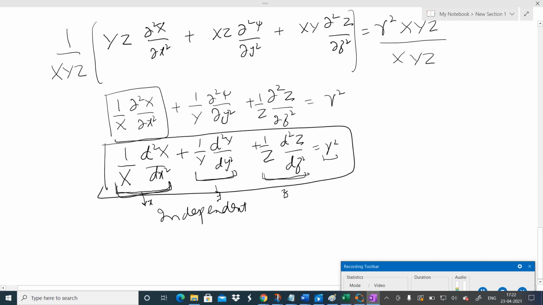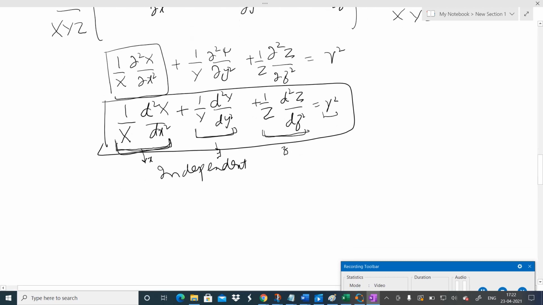This does not have any x or y term. When three independent terms are added up and equal to some constant, then each individual term should also be constant. Now let us represent those constants by kx square, ky square and kz square.